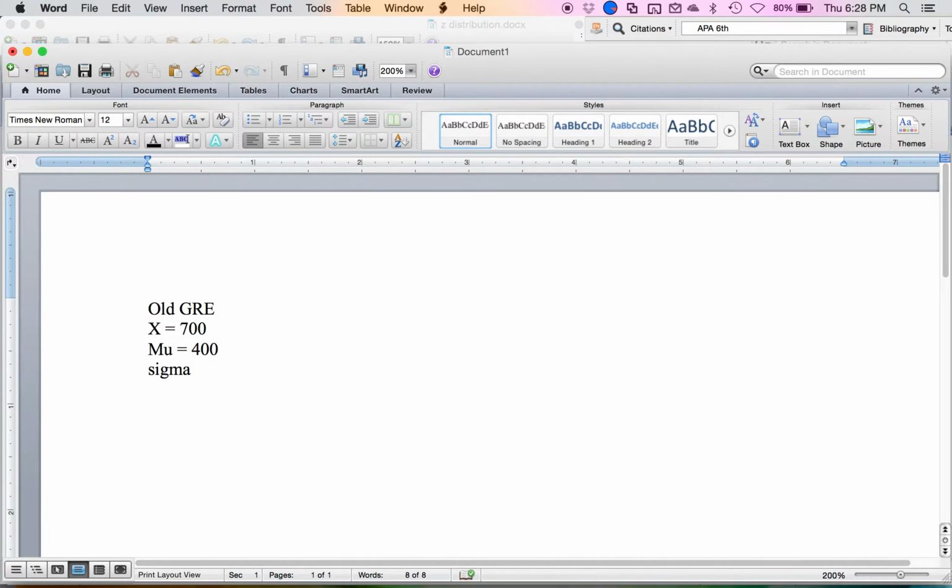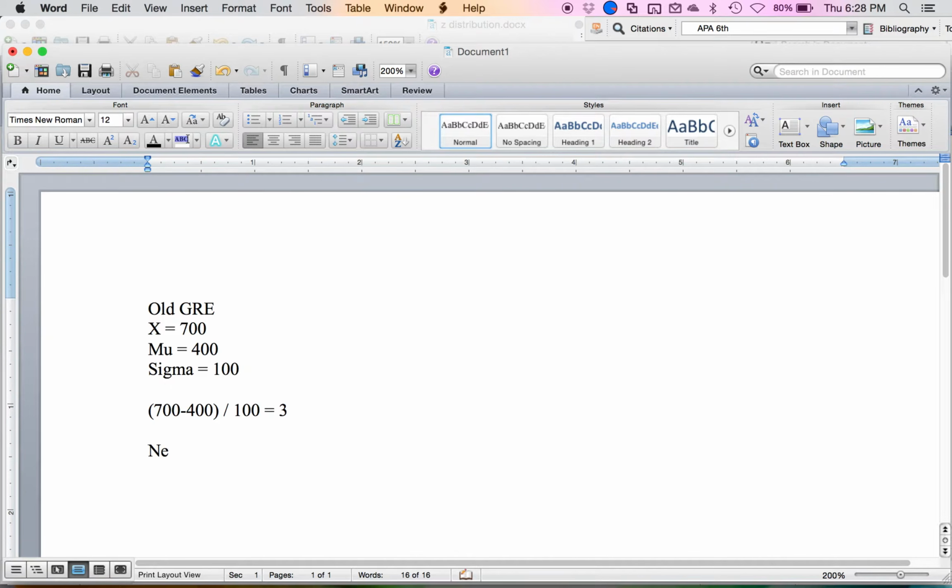And then sigma, the population standard deviation, was 100. So that means to calculate their score, I would do 700 minus 400 divided by 100. And that would give them a z-score of 3. Okay. So they are 3 standard deviations away from the mean, and that's a lot.